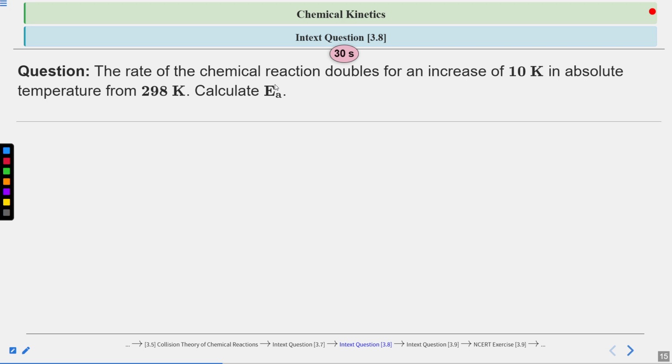So here also you can use the Arrhenius equation, right? Because the activation energy is asked there.